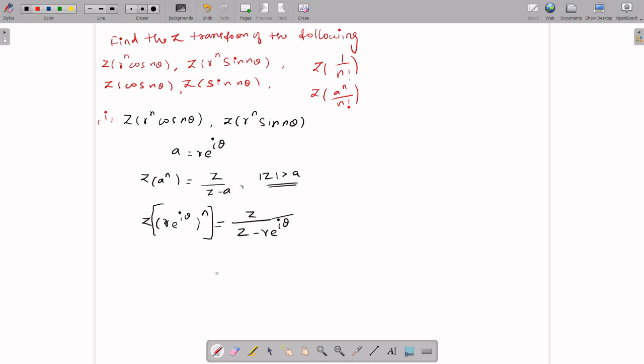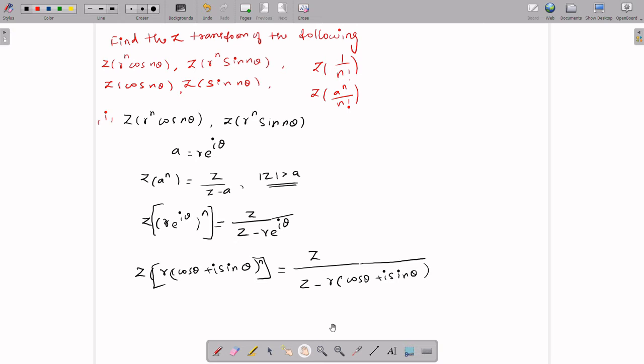Okay, that is Z transform of r into e power i theta, which is cos theta plus i sin theta, whole power n, is equal to z by z minus r into cos theta plus i sin theta. You have to substitute. Okay.